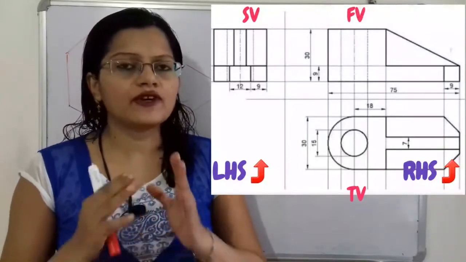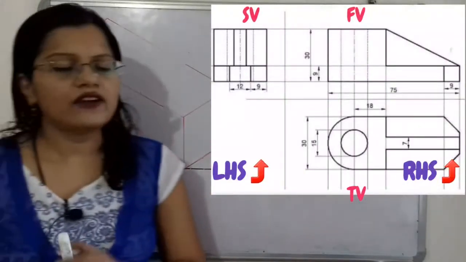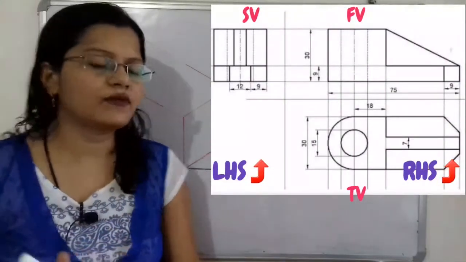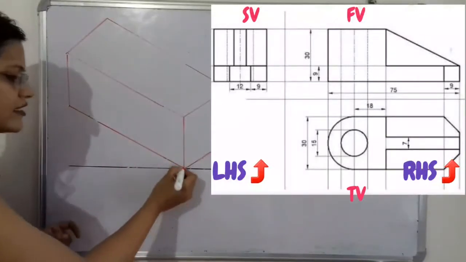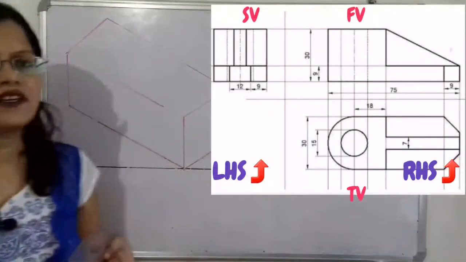For that we have to draw one basic horizontal line, and on that line we will select one point. Now if we select this particular point, then we have to select 3 points at different angles.